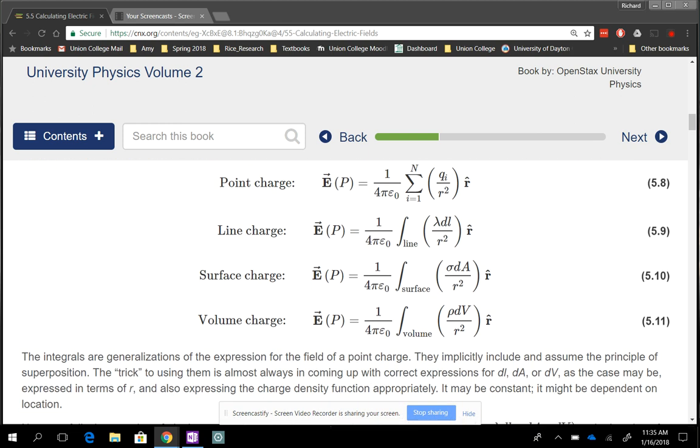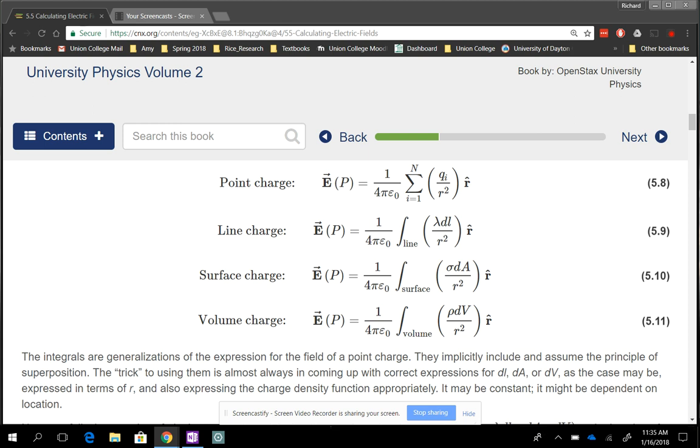Now, what is different from this and what we did last week is last week I was talking about Coulomb's law, which is the equation for the force between 2 point charges. This is still Coulomb's law, but it's the electric field due to a single charge. What's the difference? You just divide one charge away. And so what is 1 over 4 pi epsilon 0? What is that to you?